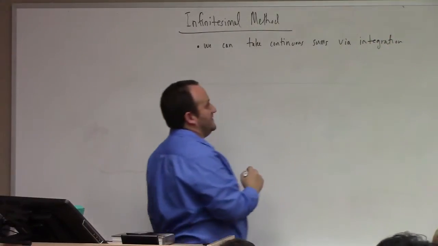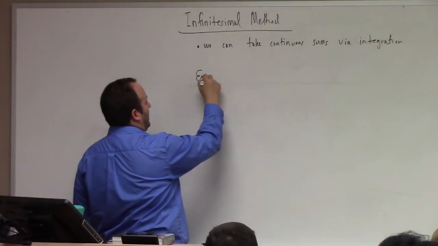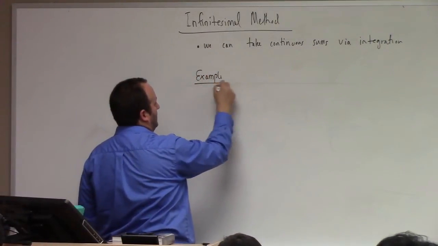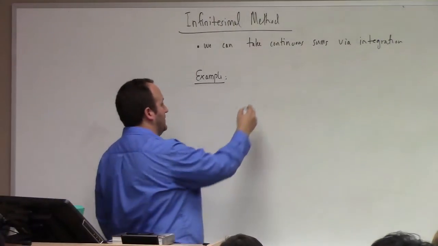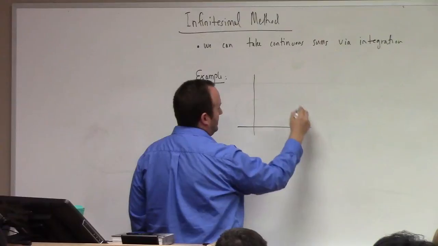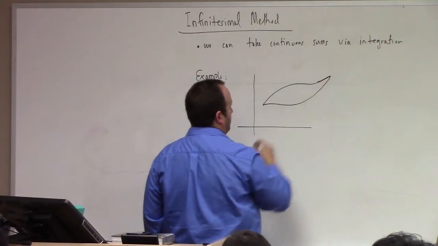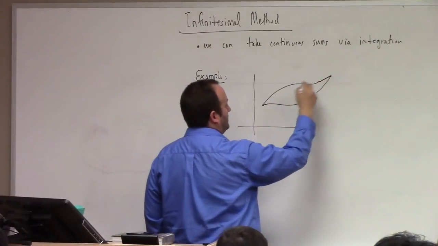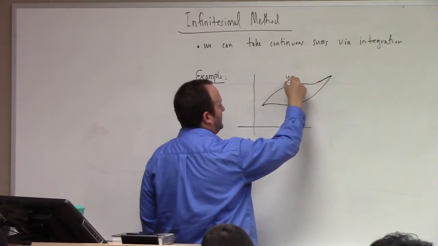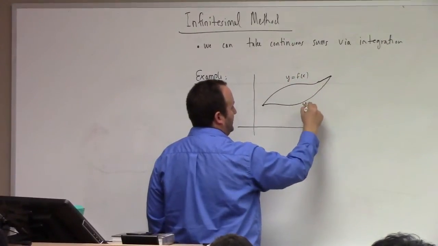The first, most basic example of that is the problem of area. If I have one curve like this, and another curve, and the top is y equals f of x, and the bottom is y equals g of x, right?